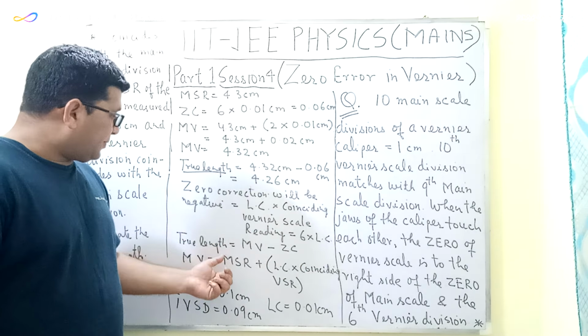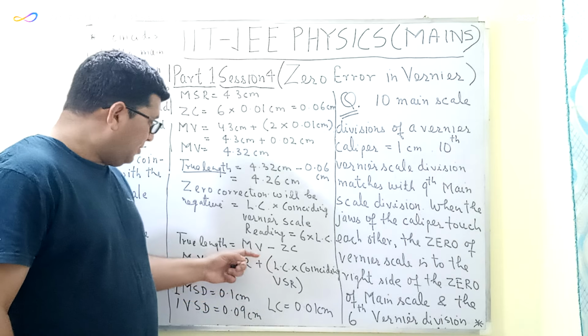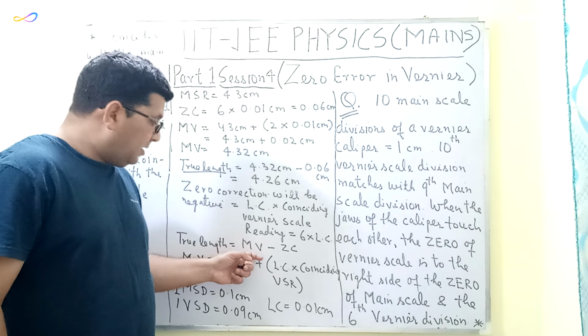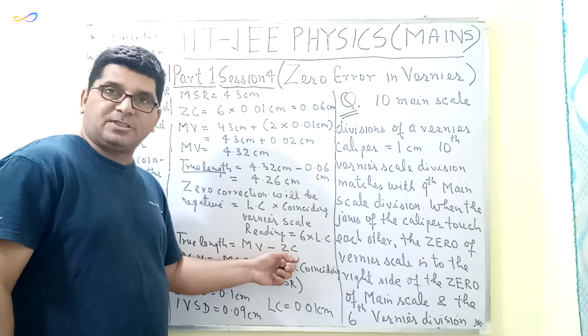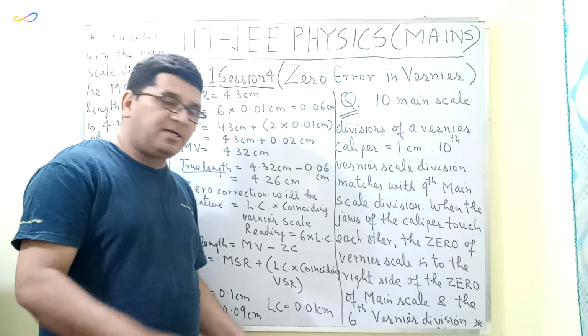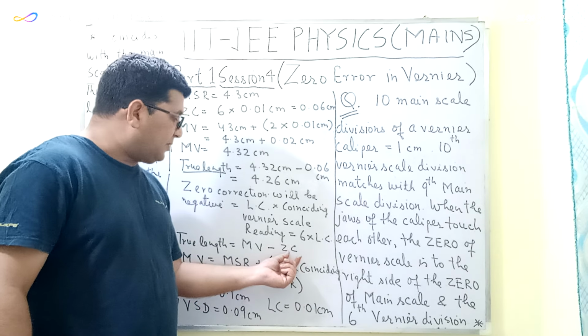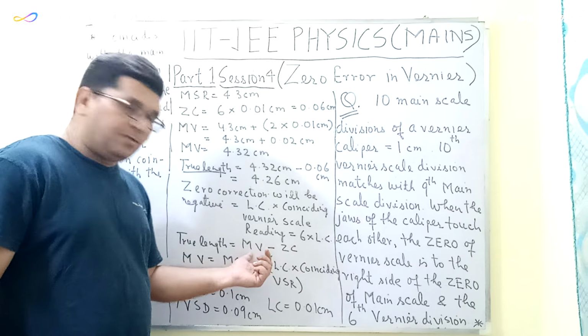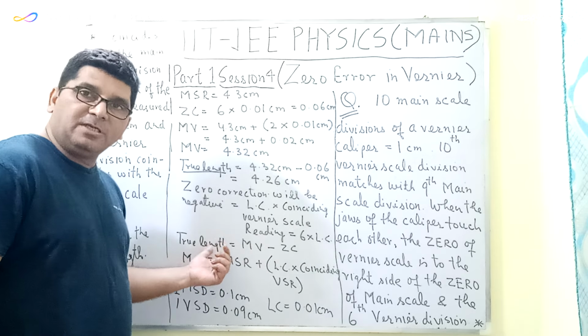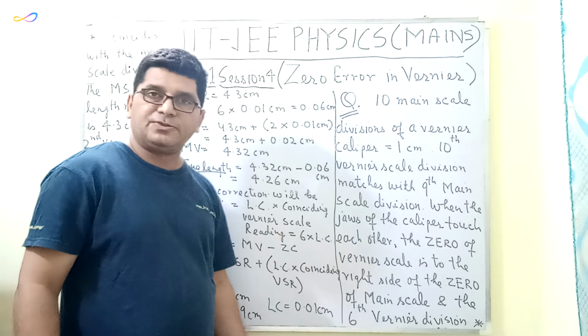That is, the true length will be equal to the measured value minus zero correction. That is, we have to subtract the value of zero correction from the measured value in order to get the true length in case of the positive zero error.